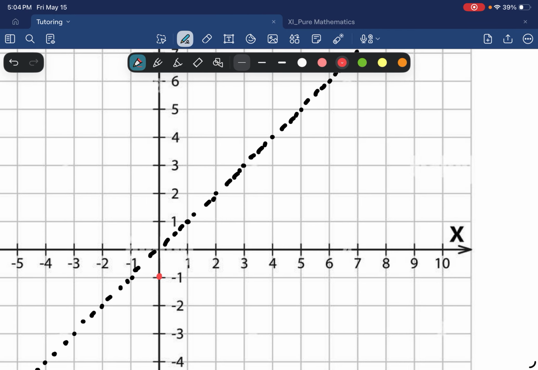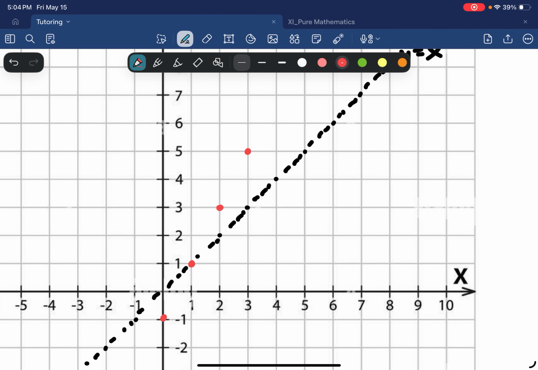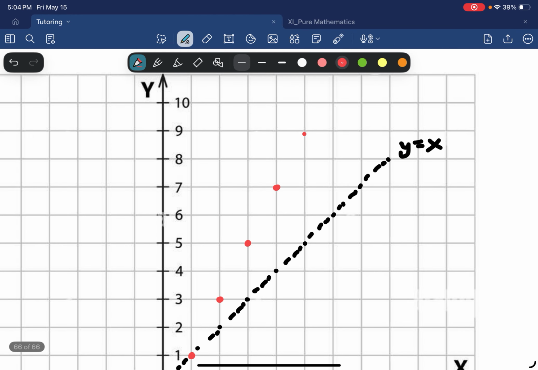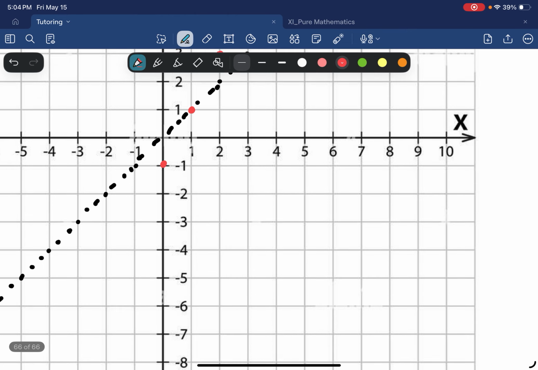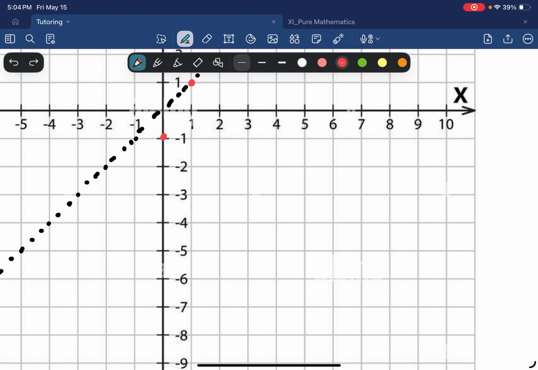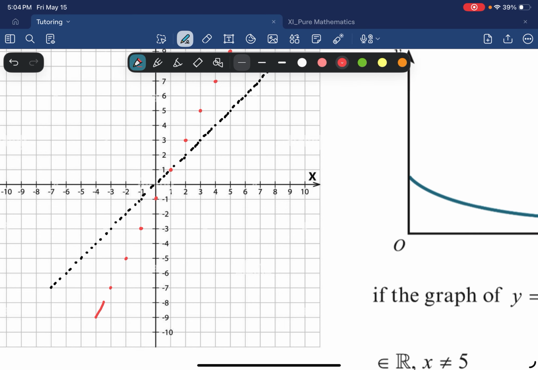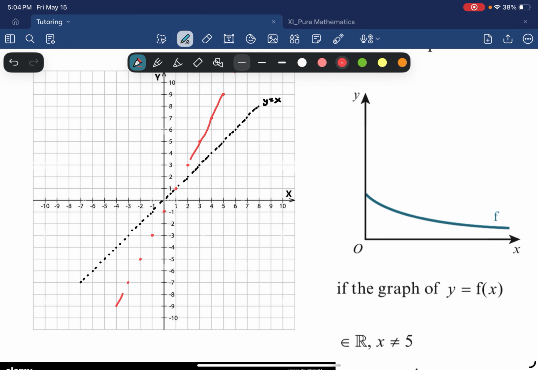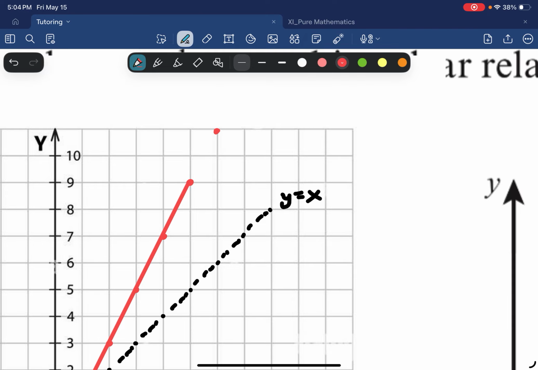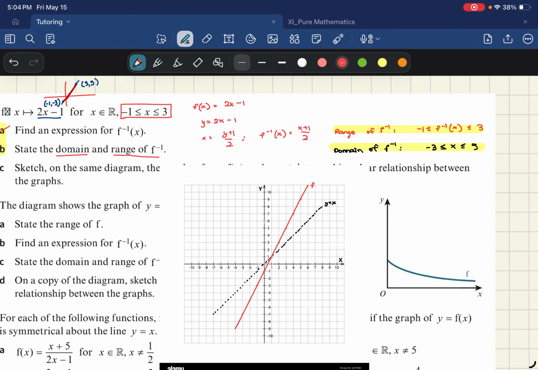So 2x minus 1 looks something like this. I hope I can draw a straight line. Somewhat, all right. So this is f. And now I need to draw f inverse of x.